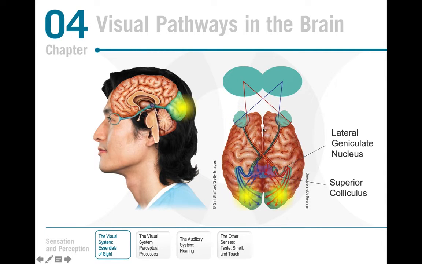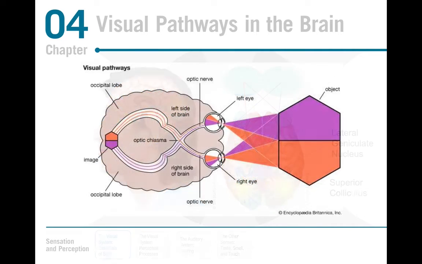Now, the part over here where we transition from your left side of your brain to the right side of your brain is what we call your optic chiasm, where fibers from the inside half of each retina cross over to the opposite side of the brain. Here's another way to look at this in case the previous diagram is not making it clear.